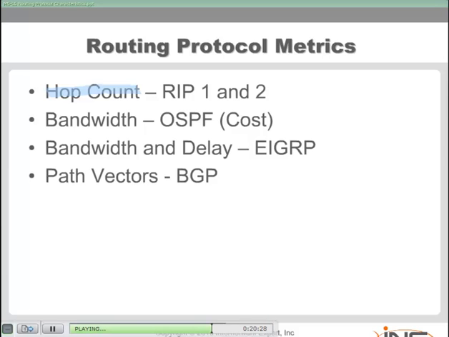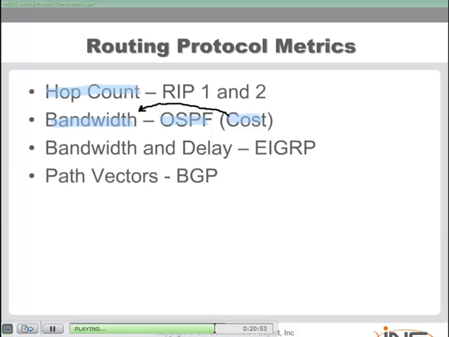Notice OSPF takes bandwidth into consideration. It creates a metric called cost. Cost in OSPF is directly related to bandwidth. So the lower bandwidth has a worse cost. The higher bandwidth has a lower cost. And this is a good thing.